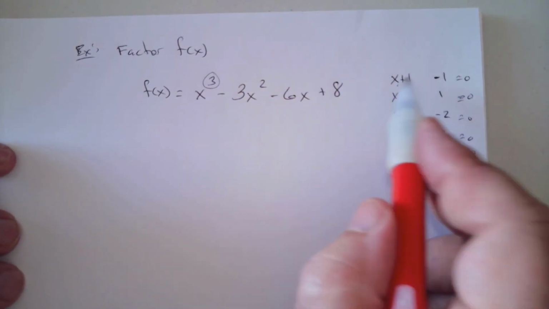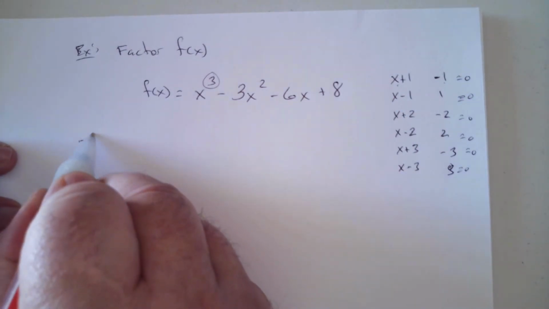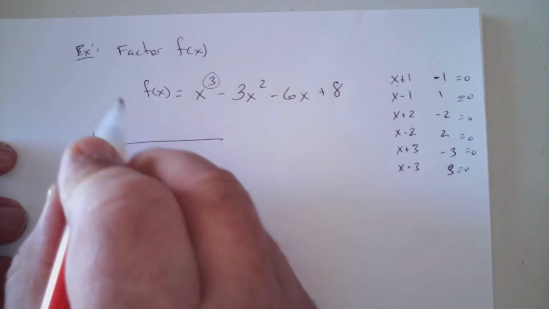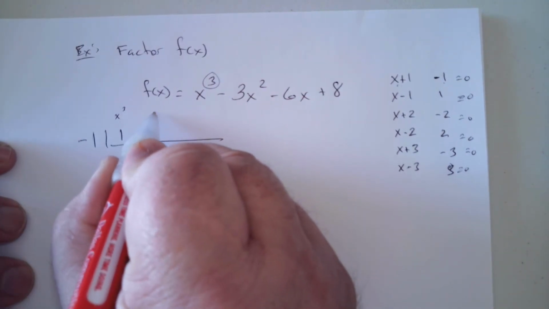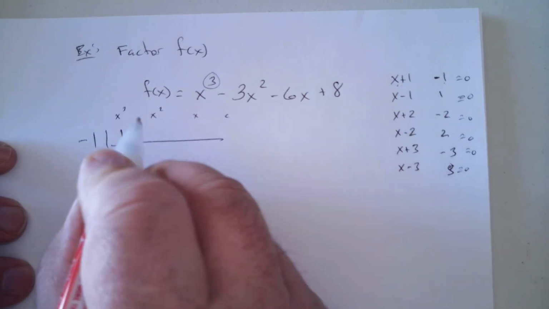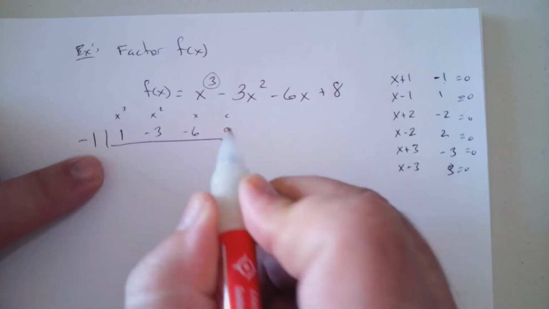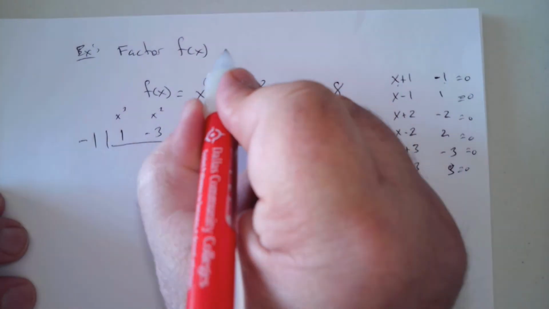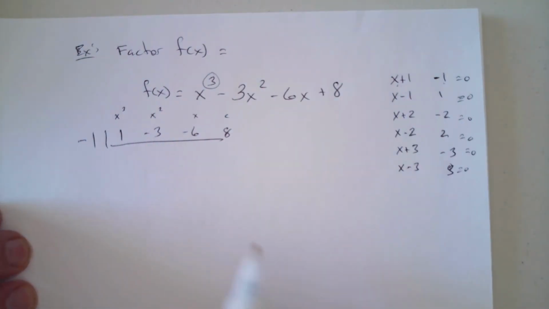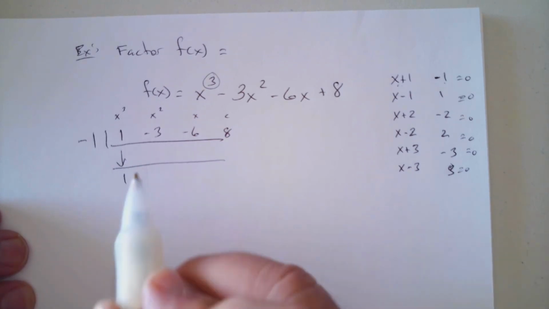Let's see if x plus 1 is a solution. So I'm going to use synthetic division since it's much faster. So I get x cubed, x squared, x, constant. So it's 1, negative 3, negative 6, 8. Bring down the first one.